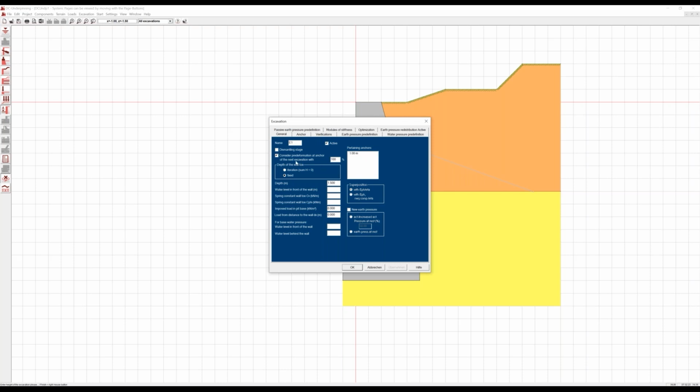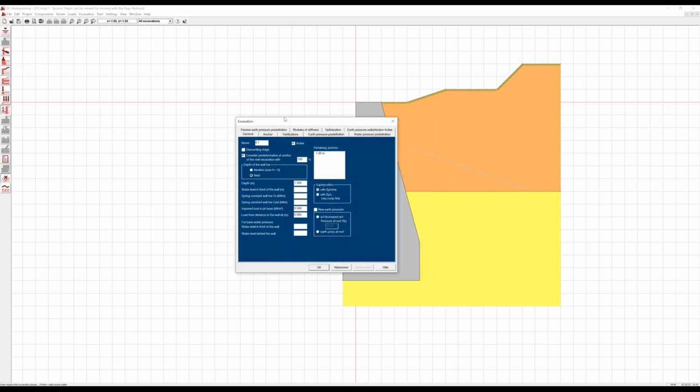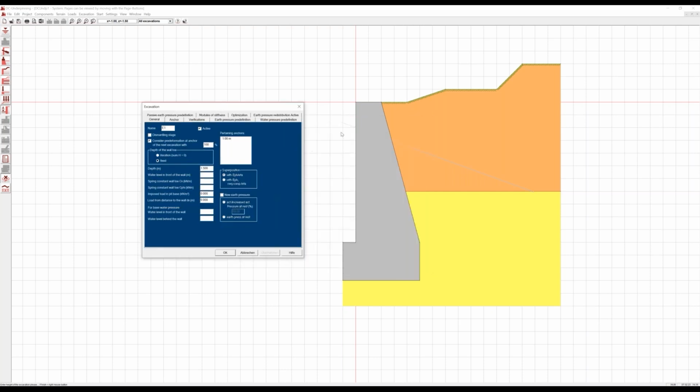And what we can do is to consider the pre-deformation at the position where the anchor will be placed, which means if we have the first excavation stage, we will have some deformation of the wall, and later the anchor is placed at the deformed wall. So this pre-deformation is shifted from the first excavation stage to the second one and considered in the analysis of the wall.